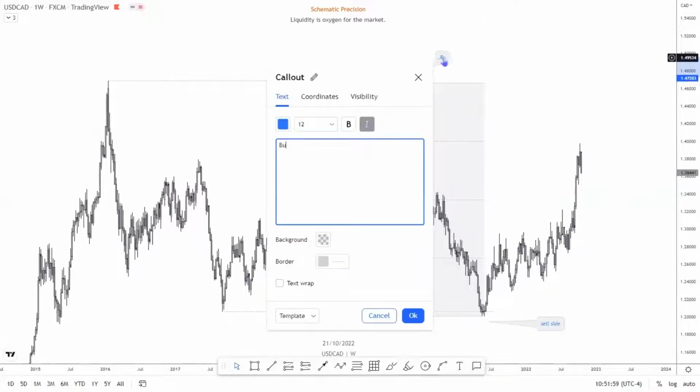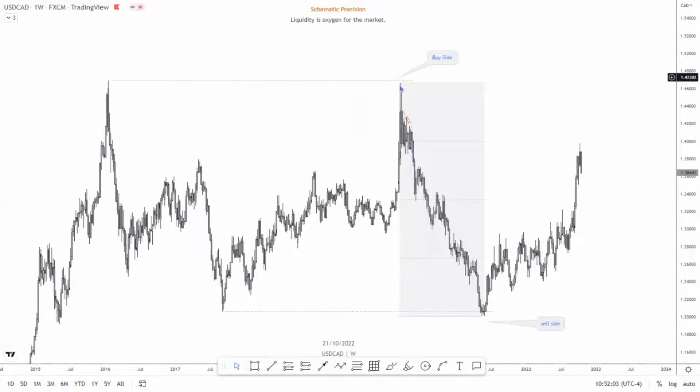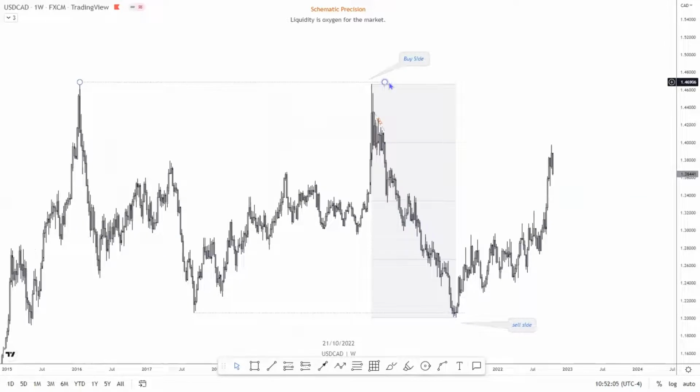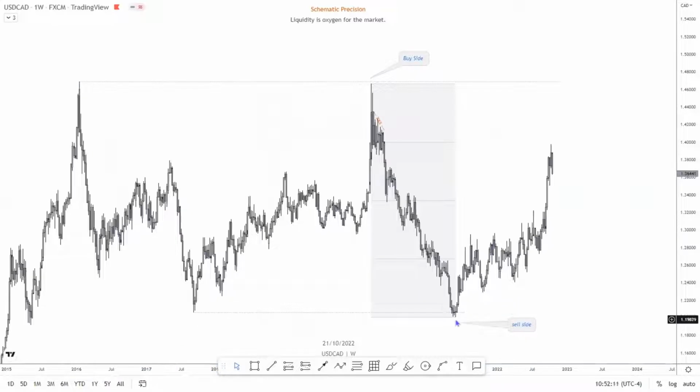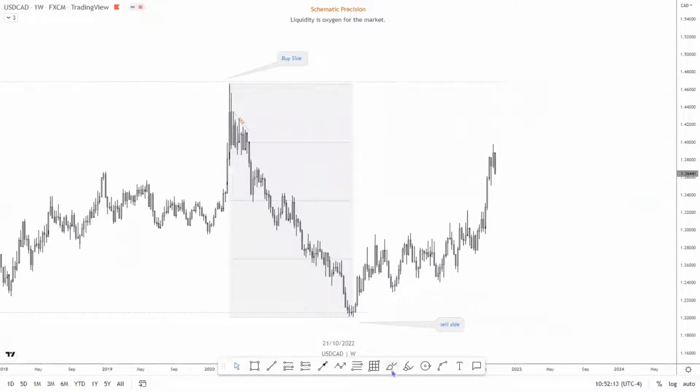And the buy side has not been taken. So the major liquidity on the buy side is still intact and the sell side has been taken. So what can happen is price can fall for a temporary time before again going higher.